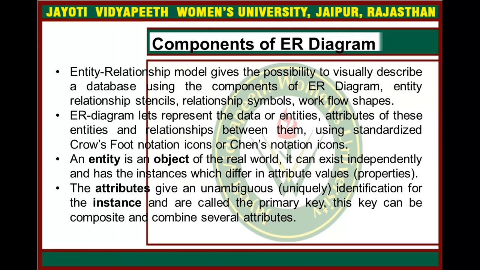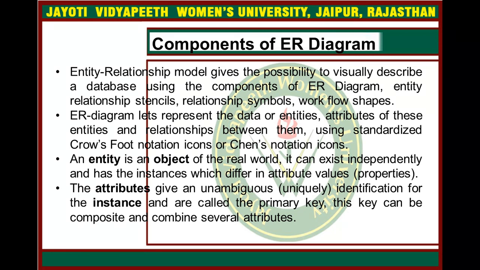Now comes the components of ER diagram, that is entity relationship diagram. This model gives the possibility to visually describe a database using the components of ER diagram: entity relationship stencils, relationship symbols, workflow shapes.